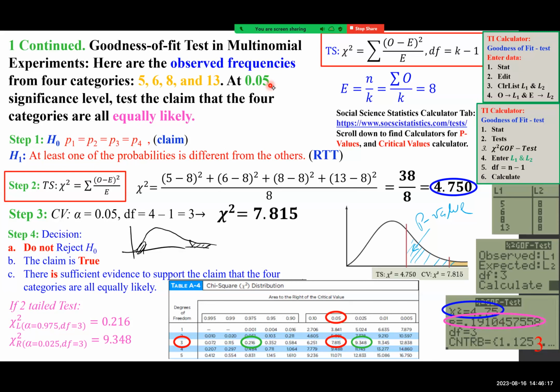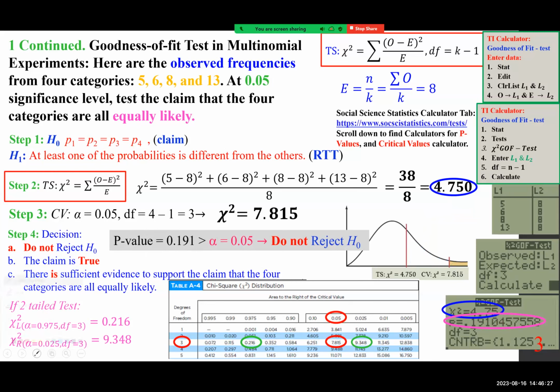Don't reject H0. So we get to the same result.